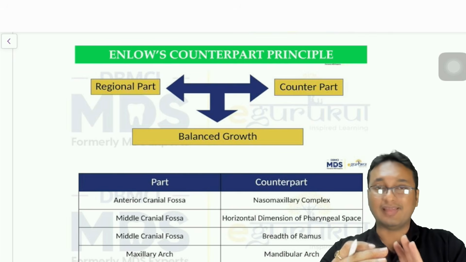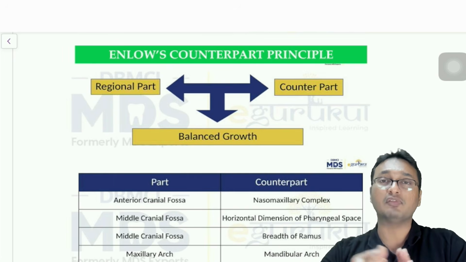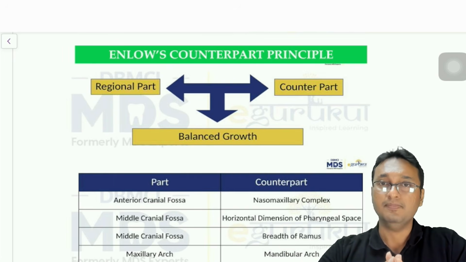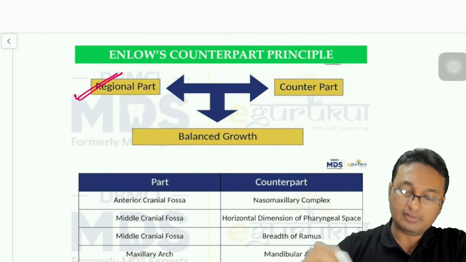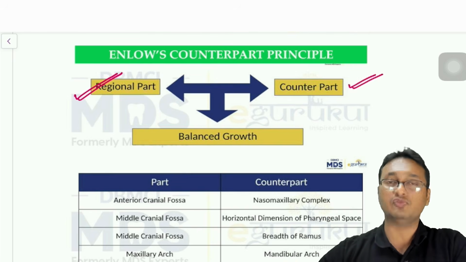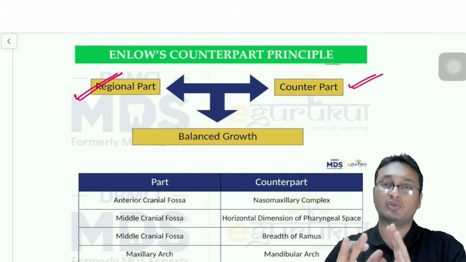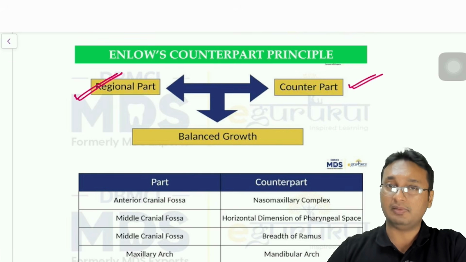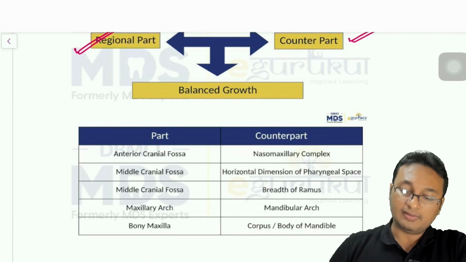That corresponding structure, which has to keep pace with the growth of the maxilla, is called a counterpart. So whenever the regional part grows, the counterpart also has to follow suit in order to maintain a proper balanced growth of the stomatognathic system. That's the main principle behind Enlow's counterpart principle. Okay, so there are certain examples.